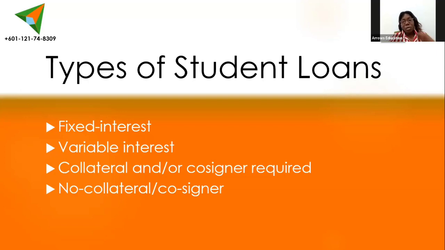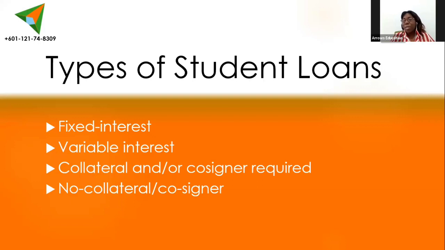Then we have loans that require you to present a collateral or a cosigner, and there are those that don't require you to produce any. A collateral will mean something like a property that the loan giver can take from you as surety that you're going to pay back. And if you don't pay back, then that can be sold to recover their money.